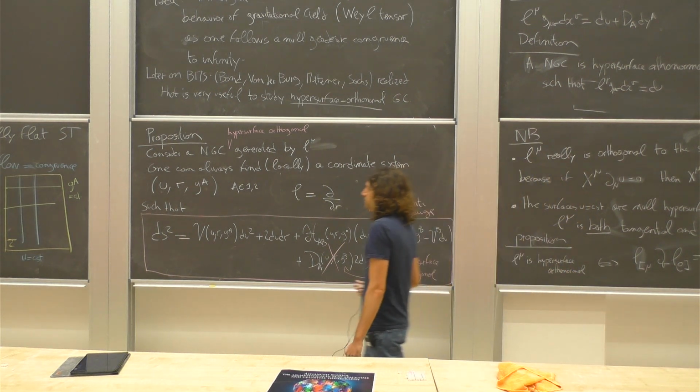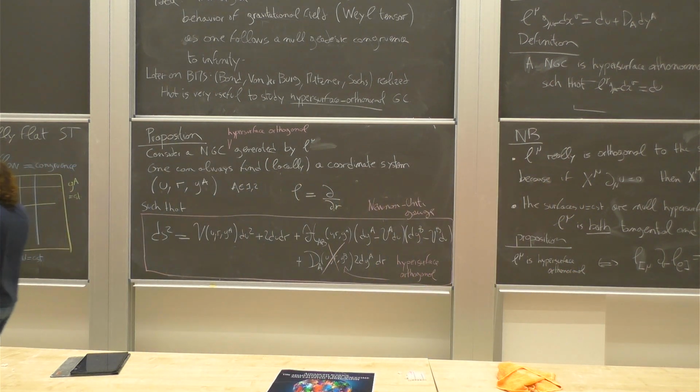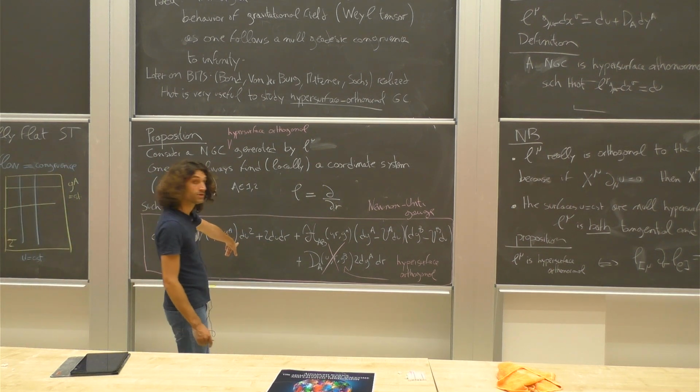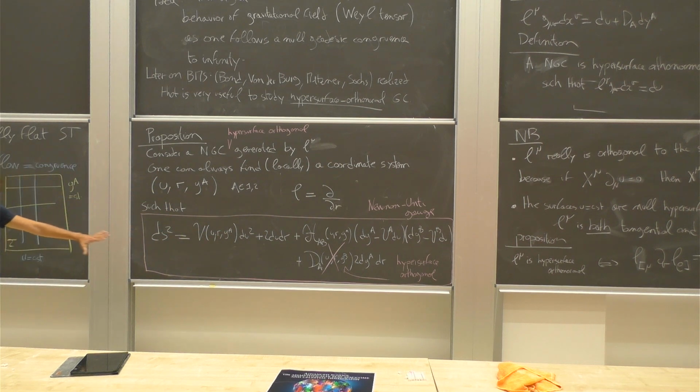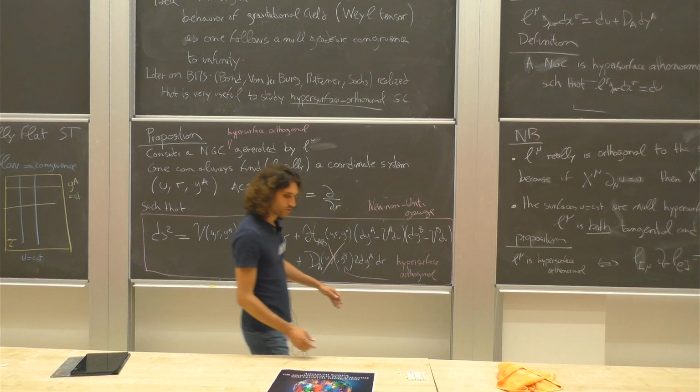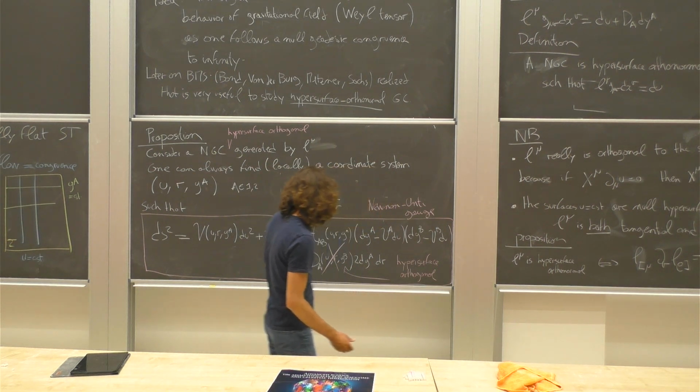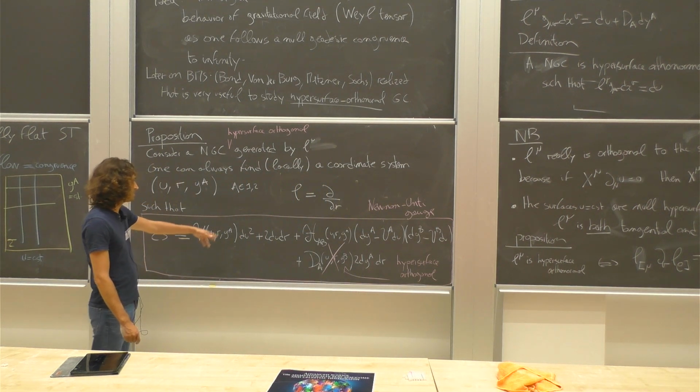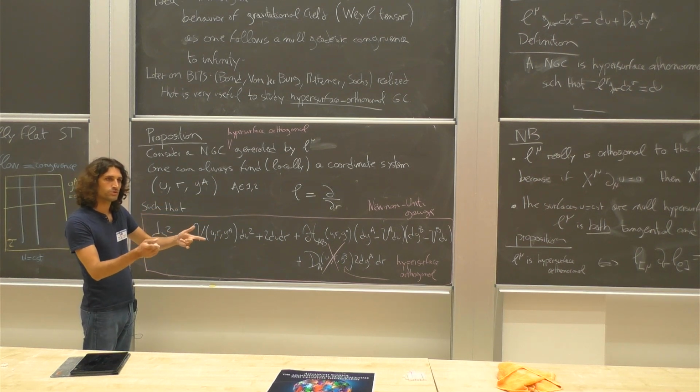Okay, so let me rephrase that. U and R, in this picture, play different roles. R is null, but U is not null. So in this coordinate system, U and R sit on different footing. The coordinate systems typically used in the literature are doubly null coordinates, so let's say U and V, where both vectors are null.